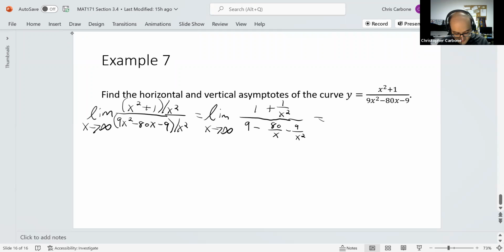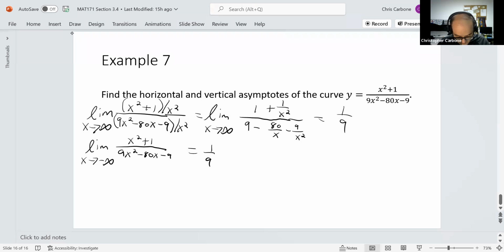And this would become just 1/9. Likewise, we could also show the same thing, that when we take the limit as x approaches negative infinity of the same function, x squared plus 1 divided by 9x squared minus 80x minus 9, this would also give us a value of 1/9.